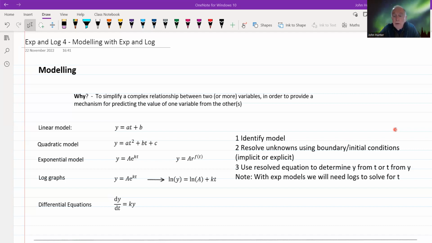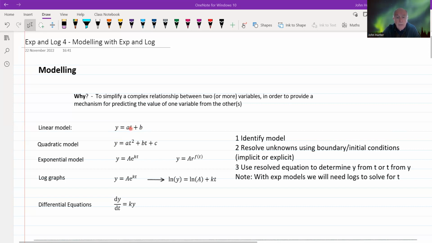It's to simplify a complex relationship to provide a mechanism for predicting. Now, there are different sorts of models. We can form a model which is linear between two variables, just a simple straight line relationship. So that's what we've got here, y equals at plus b. I've used t here as the independent variable because very often these problems are time-based, in which case we always use t.